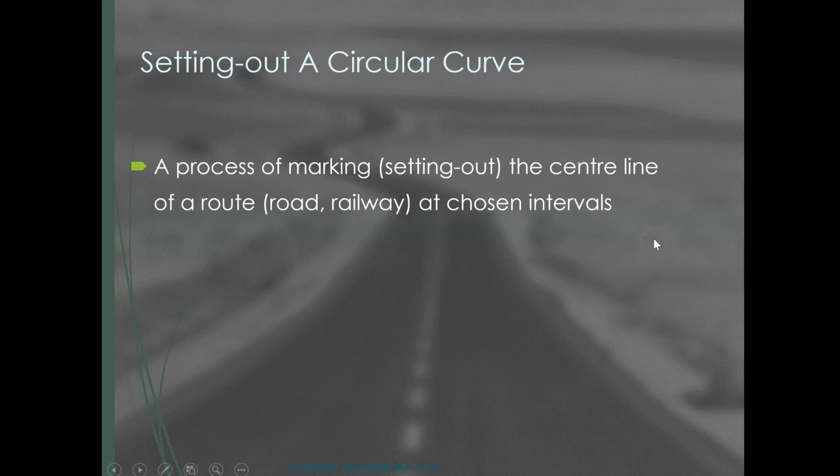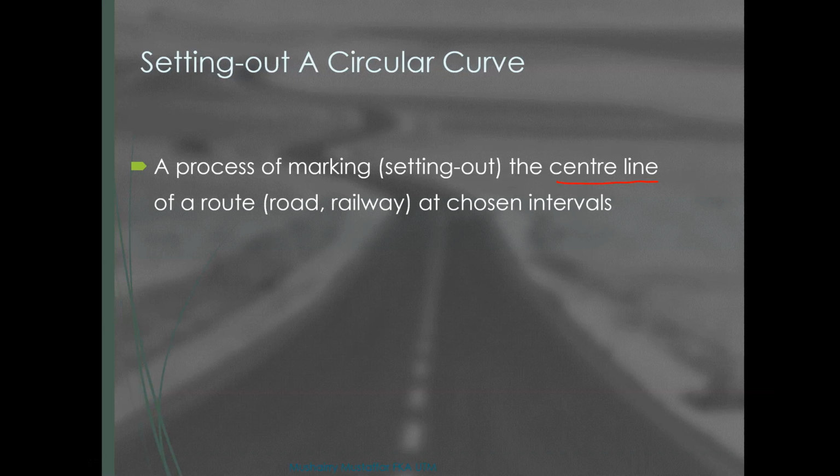In this process of setting out, basically what we're trying to do is put markers which represent the center line of the road or the route that we have chosen, and we mark that at an interval that we've decided beforehand, a regular interval.